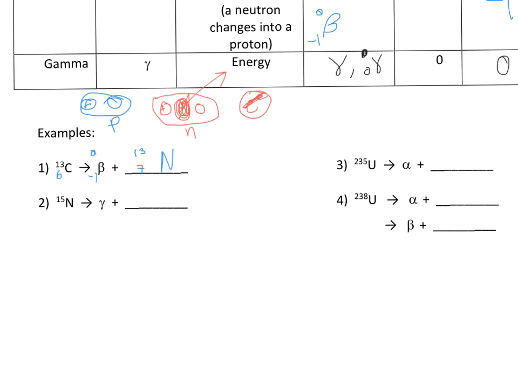Okay, let's look at number 2. We have nitrogen 15 decaying to give off a gamma particle. Same as the one before it, we're going to assign the atomic and mass numbers. Nitrogen has an atomic number from the periodic table of 7, so we're going to write a 7 here. Gamma, we know based on our notes that we just did, is 0 and 0 because it's just radiation.